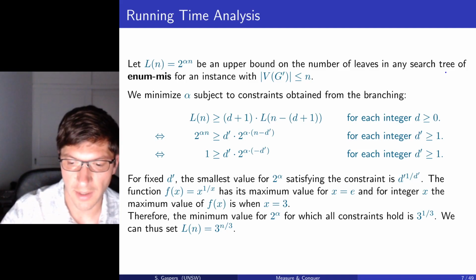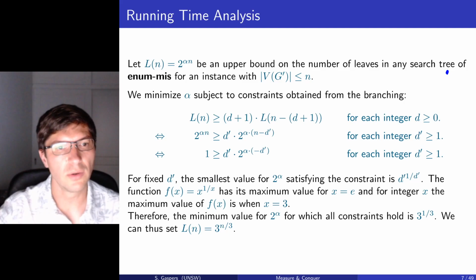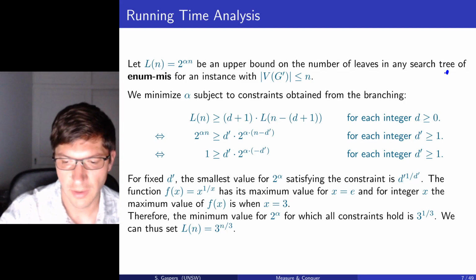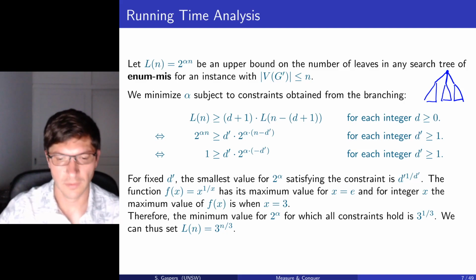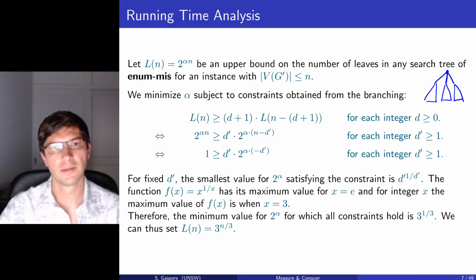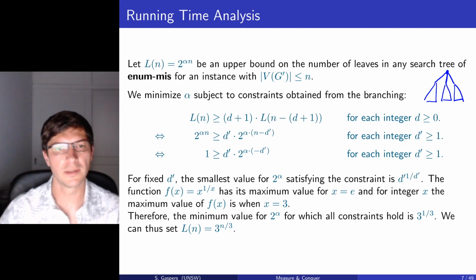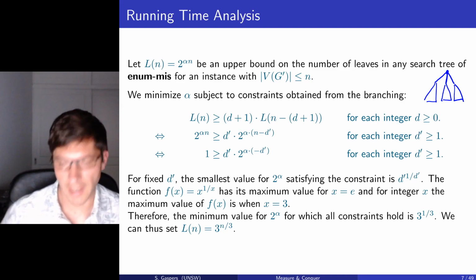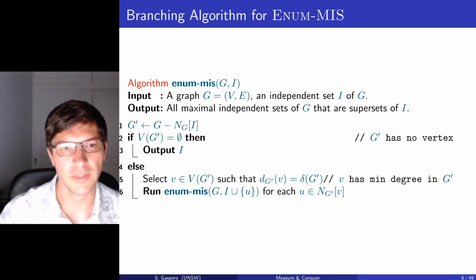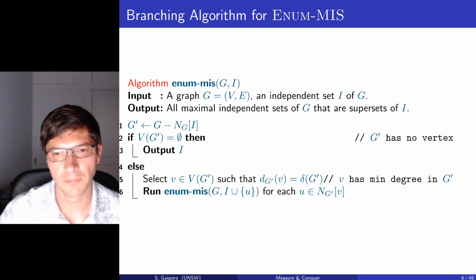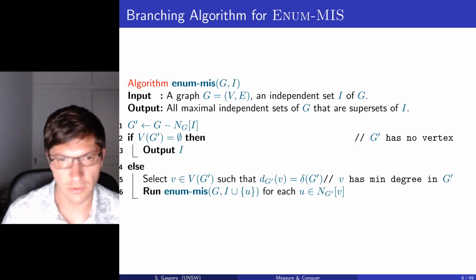And the constraints that we have are that, below a node, how many leaves can we have? Well, this should be at least as much as the sum of the number of leaves below each of its children. So we need that L of n is at least the number of leaves we get below its children. And how many children do we have in our particular branching algorithm? Well, it branches on a vertex v that has some degree, and let's say that the degree is d.